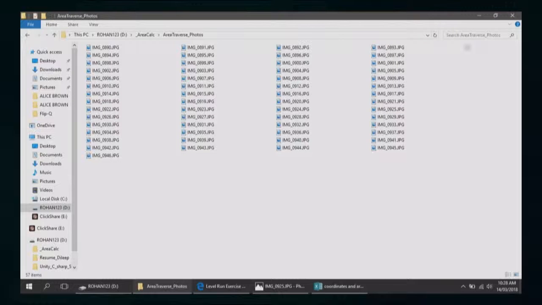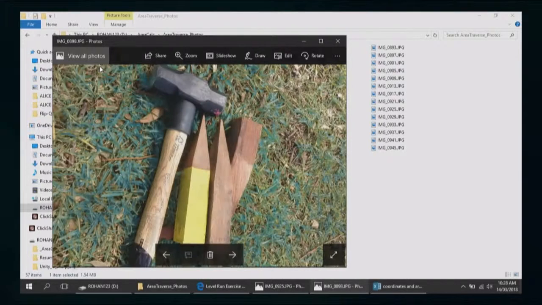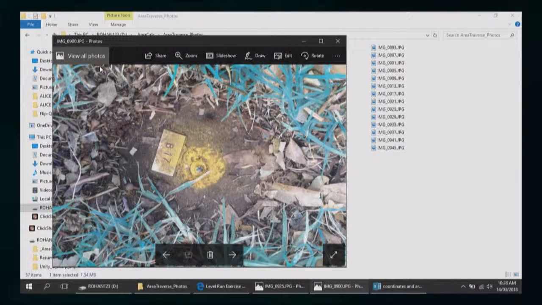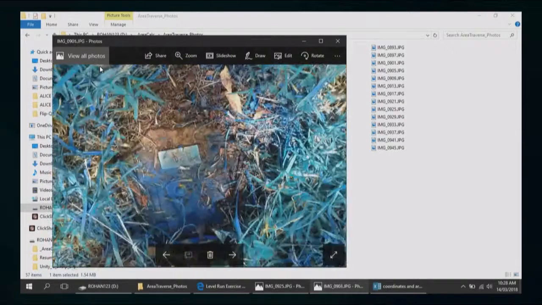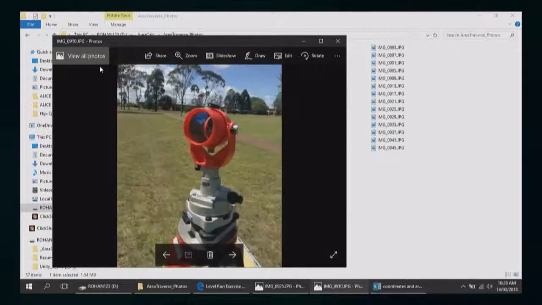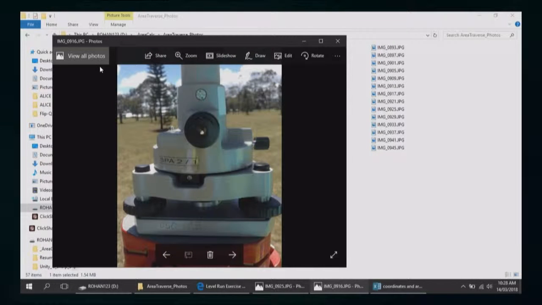Let me just change this to thumbnails. Okay, so that's a total station, and that's the equipment that we had used. These are pegs and hammers. That's a benchmark. That's a point whose height is already known, whose elevation is known. That's a prism. So I recorded all the things that we need to do.